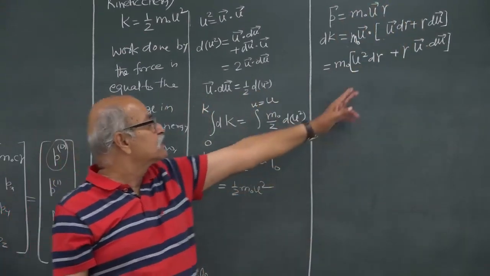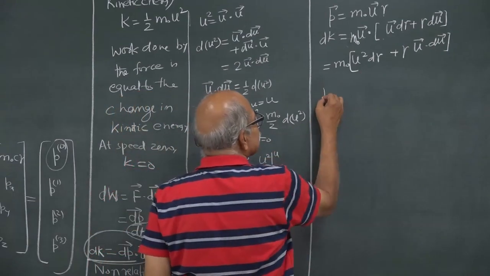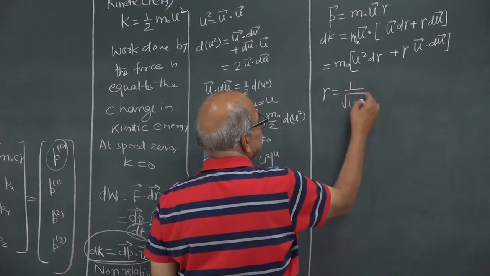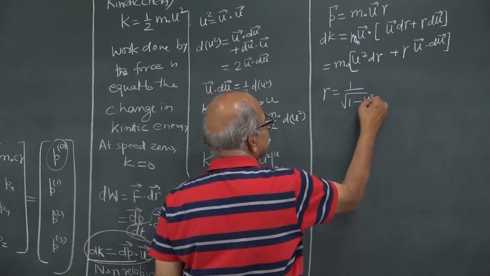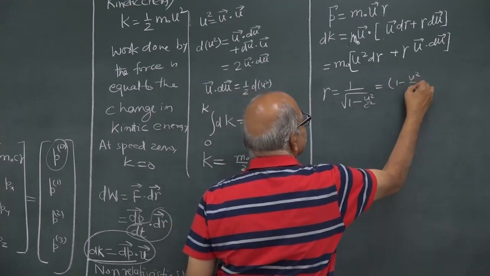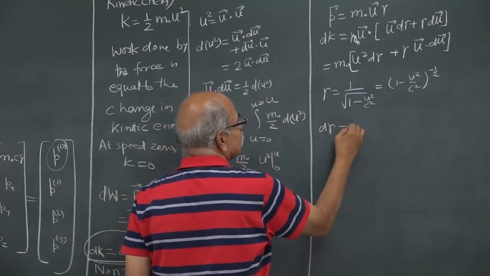Now look at this d gamma. Your gamma is square root 1 by 1 minus u square by c square, or 1 minus u square by c square power minus half. So what is d gamma?